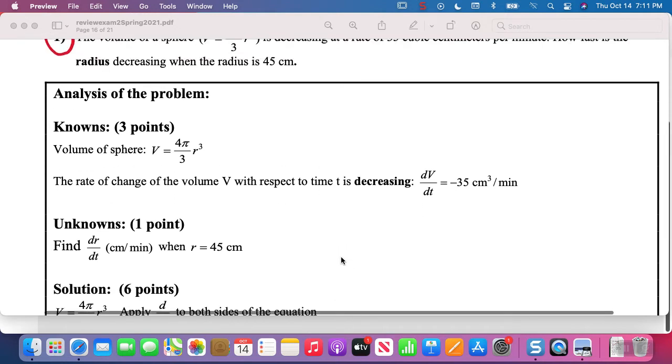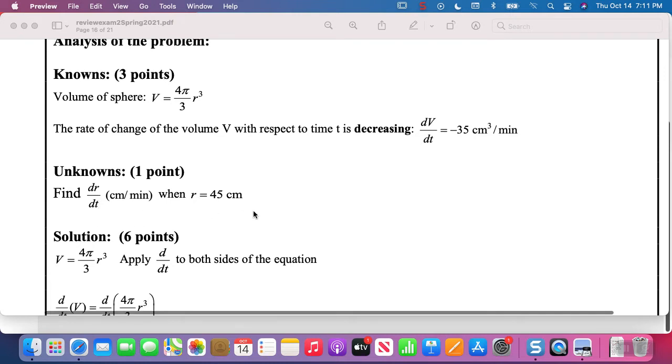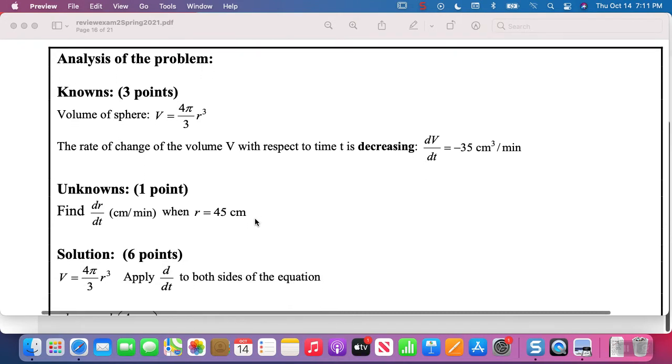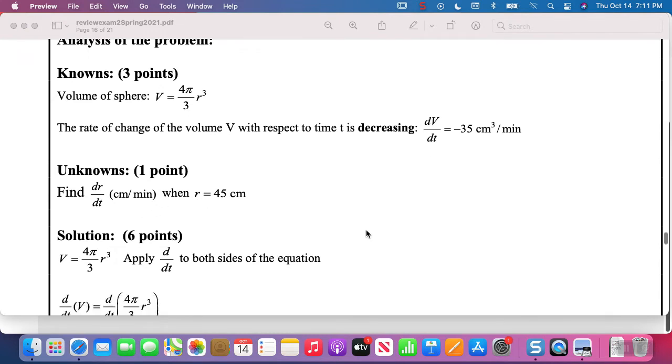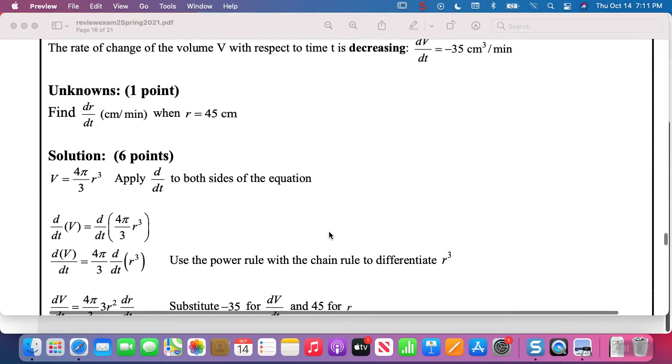Then we are asked to find the change in radius with respect to time, when the radius is 45 centimeters. The first thing we do is start with the connector.